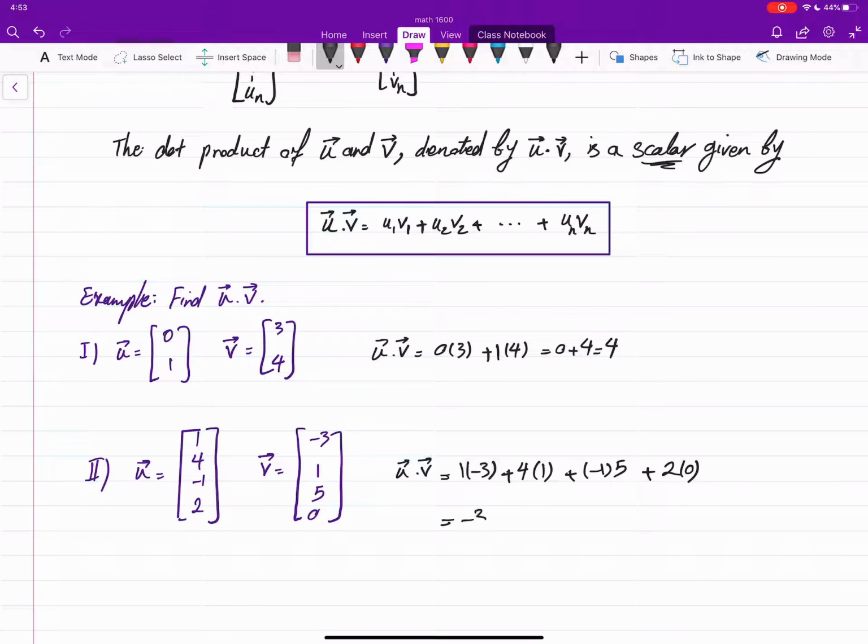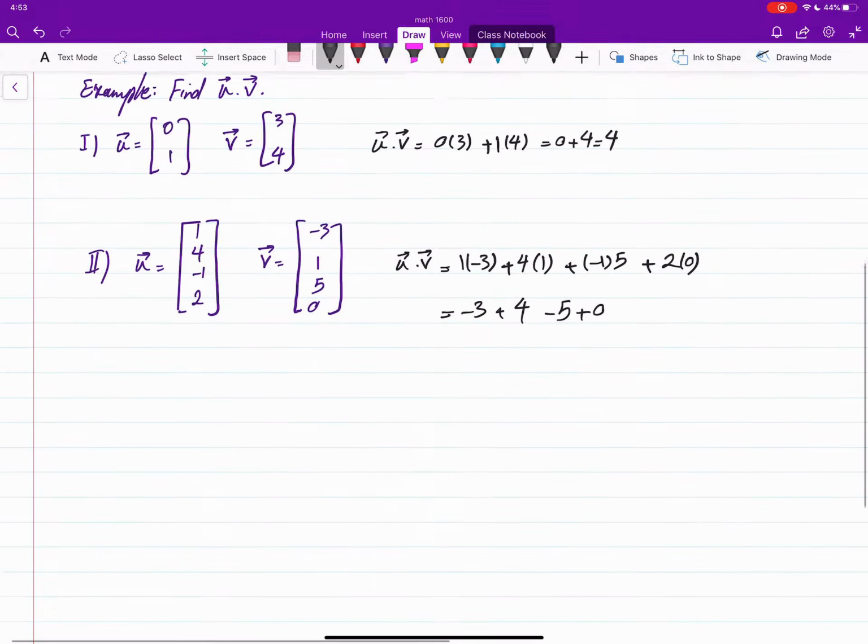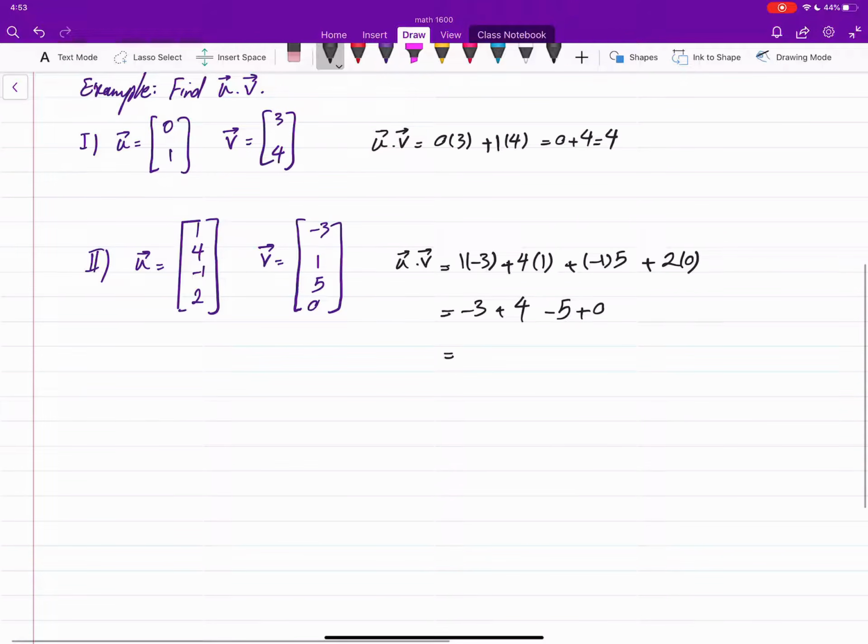This gives us negative 3 plus 4 minus 5 plus 0, which gives us negative 4, a negative number. A scalar dot product can be a negative number, positive number, 0, any number possible. Okay, this is nice. So we learned how to find dot product.